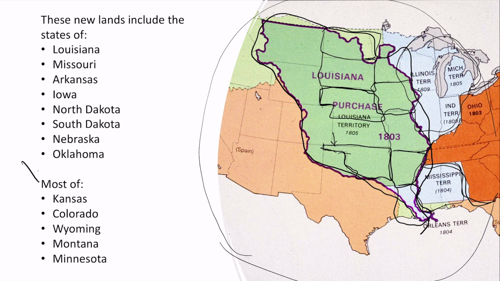And then moving on, this purchase also included most of Kansas, the state here, Colorado over here, Wyoming up here, Montana, and then Minnesota, which is just over here. You can see just a portion of it.